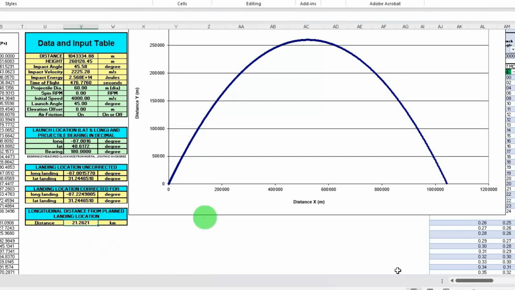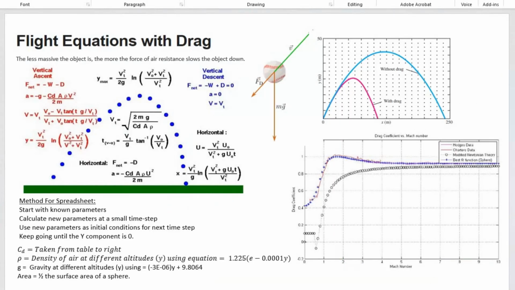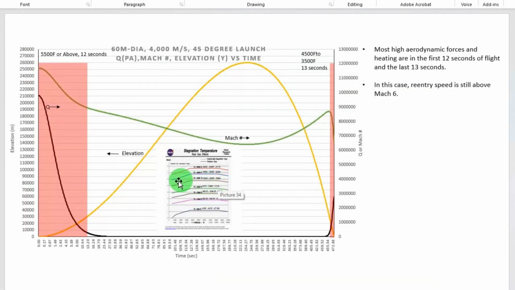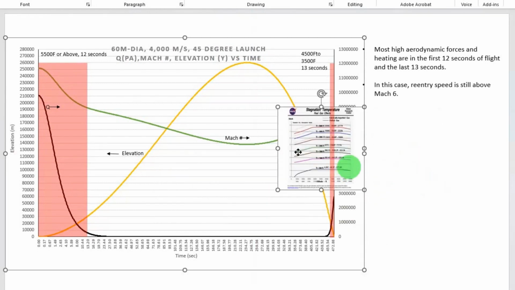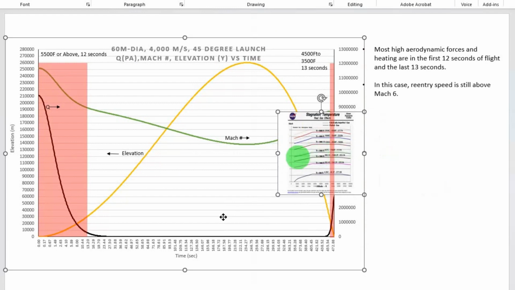One of the interesting things about this spreadsheet, and I'll give you a little tease: this graph is based on, again, that 60-meter diameter at 4,000 meters per second, 45-degree launch. Okay, what we're going to end up doing in these other, can I get that out of there? No, I guess I can't.